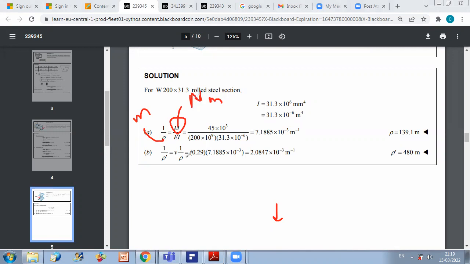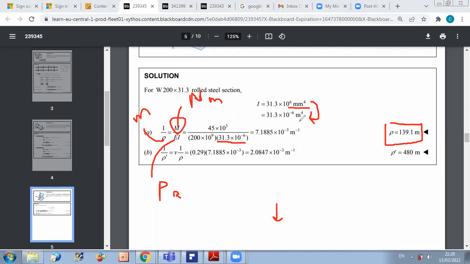E is the modulus of elasticity, should be in Pascal. So since they provided you E in gigapascal, you should multiply by 10 to the power 9. The inertia, don't forget to convert it to meter 4 by multiplying by 10 to the power minus 12. So you get 31.3 times 10 to the power minus 6 meter 4. And then you can calculate 1 over rho. And then you do the inverse to get the radius of curvature of your bend section.